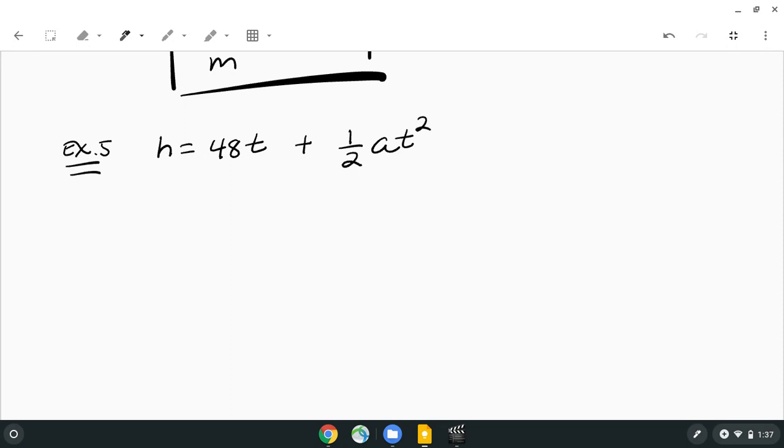Solve for A. All right, so let's bring this formula down here so we can do all the work.